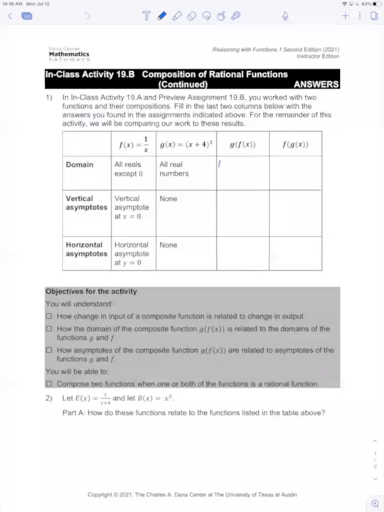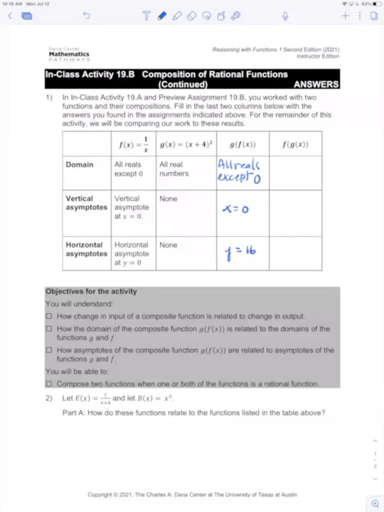That is going to be all reals except x can't be 0. So let's put the 0 there. Vertical asymptote we found to be at x equals 0, and horizontal asymptote when y was 16, at y is equal to 16.